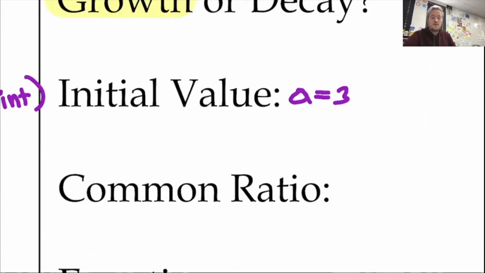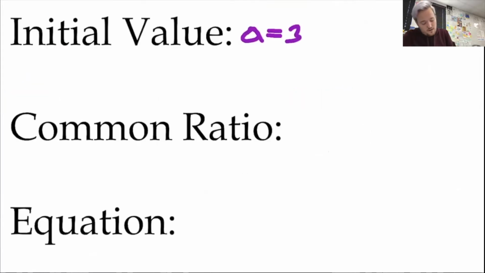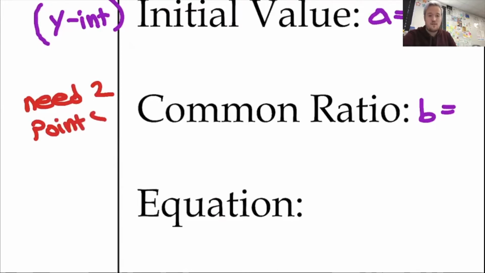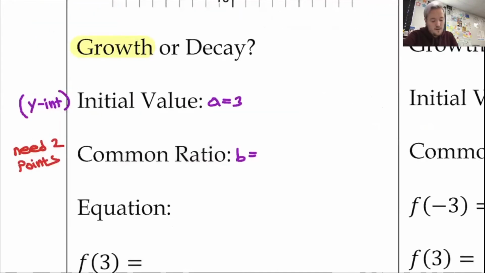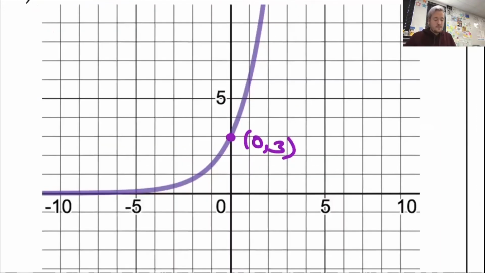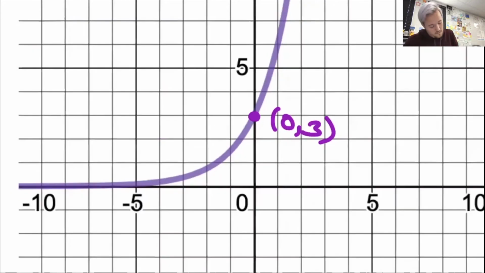All right, and then our common ratio is going to be the b value. Now for the common ratio, we must find another point. So we have to find the multiplier. I'm going to look for either -1 comma something, or 1 comma something. It doesn't matter which one, look for one of them.